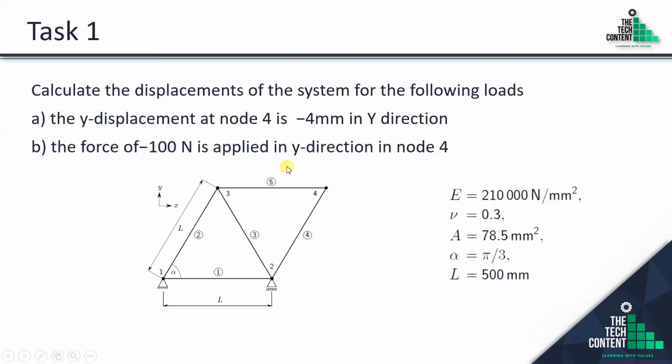And also at this node, there is a force of minus 100 Newton applied, meaning it will act like this, from upward to downward. And here are some material data, area, and some geometry details.